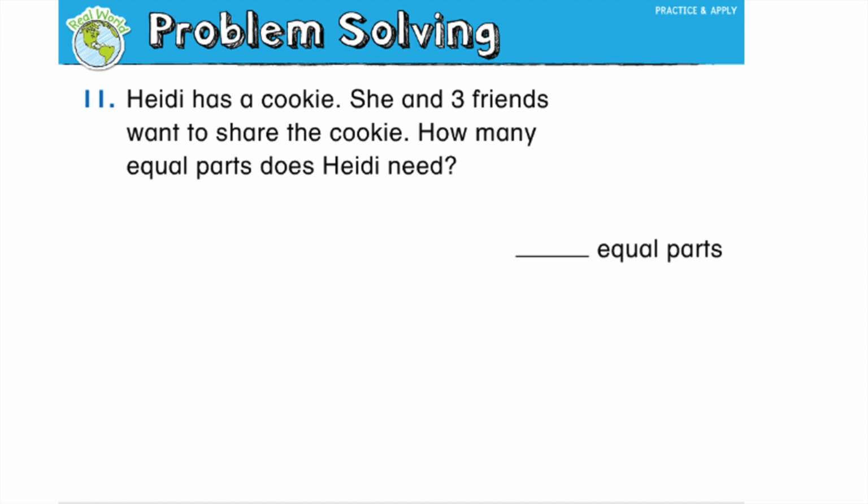She and 3 friends want to share the cookie. How many equal parts does Haiti need? Yes, she needs 4 equal parts. Why? Because she is sharing with 3 friends plus her. That makes 4. So she needs to cut it into 4 equal parts.